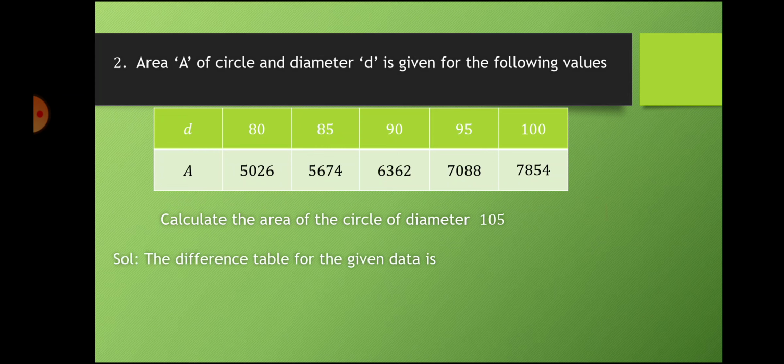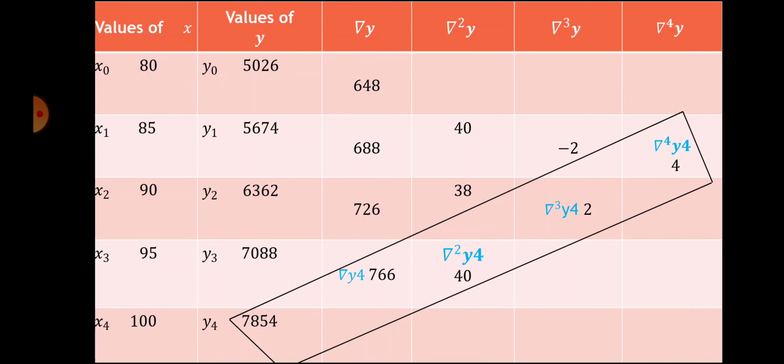Now I am going to display the difference table for the given data. This is the difference table for the given data. We are simply writing values of x, y, del square y, del cube y, del power 4y. As earlier I said, why we should end up to del power 4y, because here we have 5 entries: x0, x1, x2, x3 and x4.